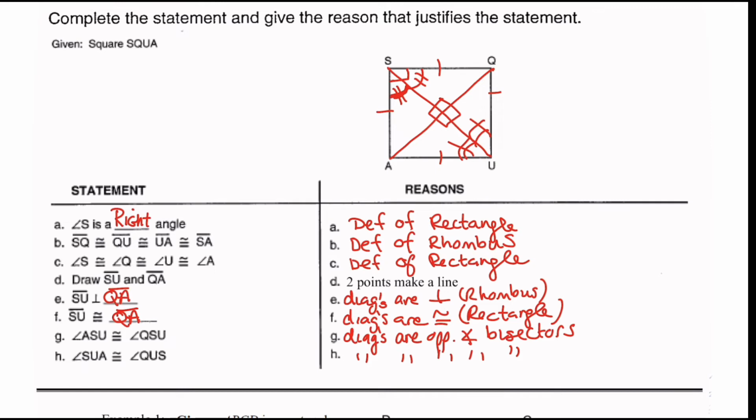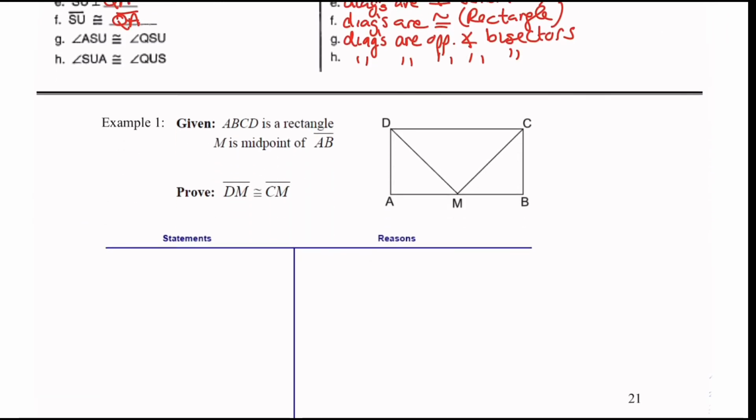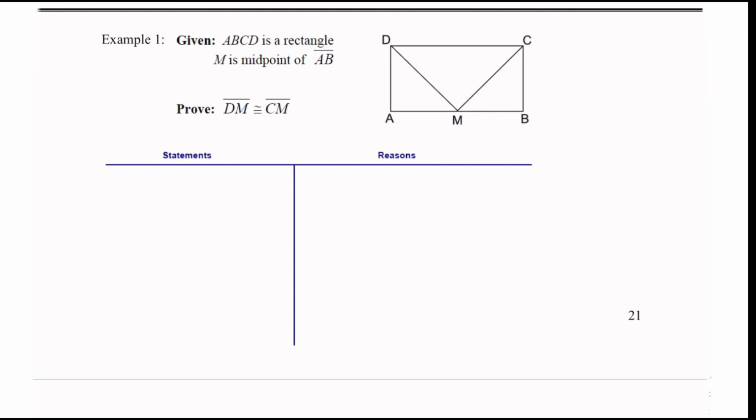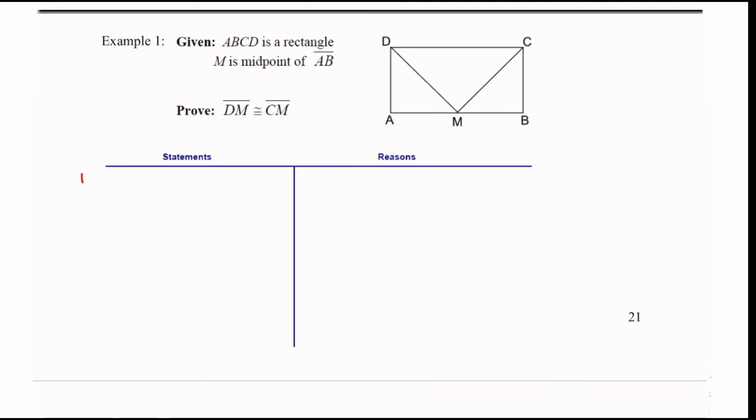So let's challenge ourselves and do a proof with one of these. So example 1 here, ABCD is a rectangle. And that's given.